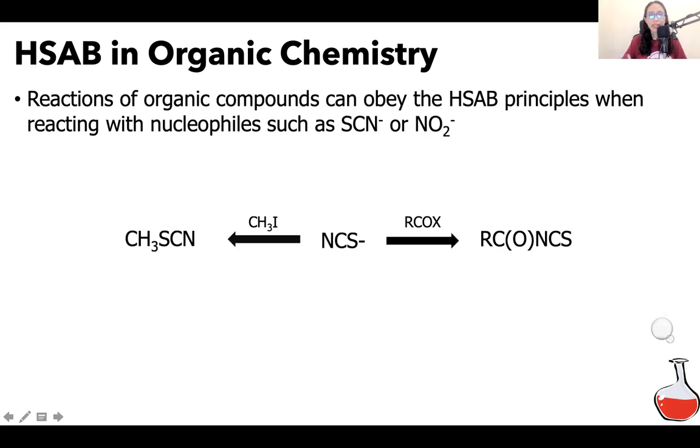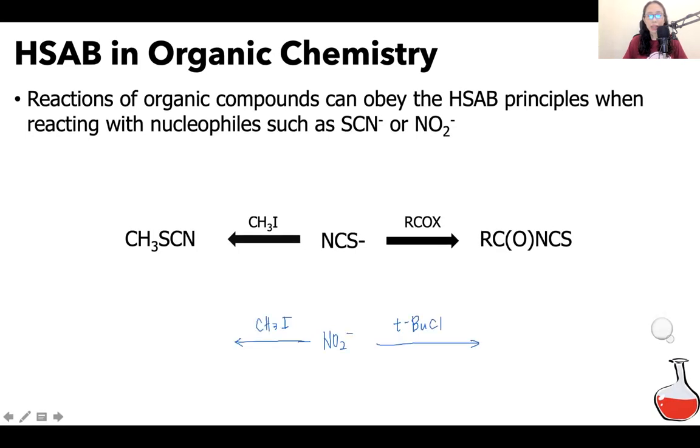Let me write that down. So you have a nitrite ion reacting with methyl iodide and also reacting with tert-butyl chloride. Again, methyl in methyl iodide is considered a soft acid.